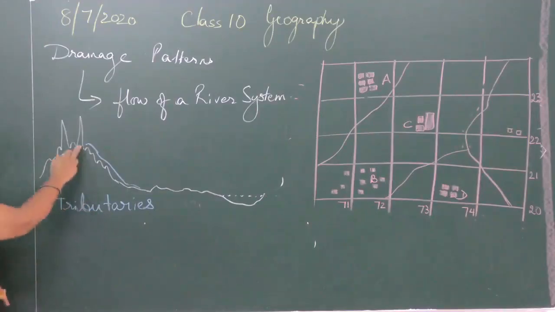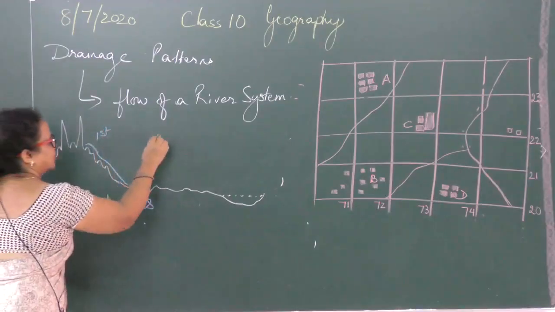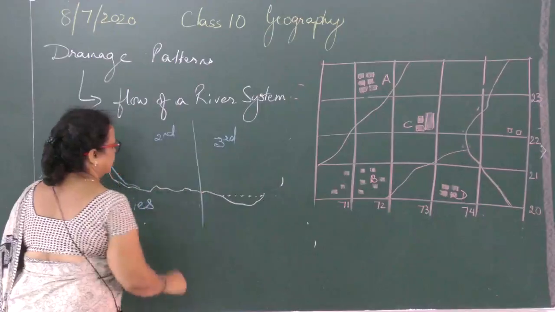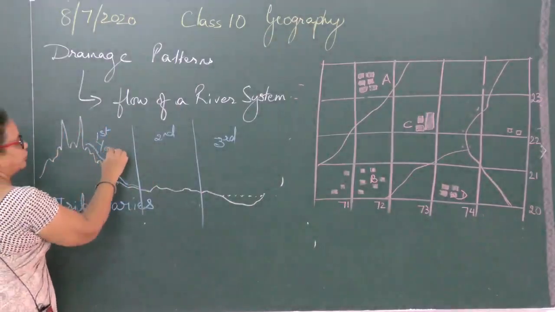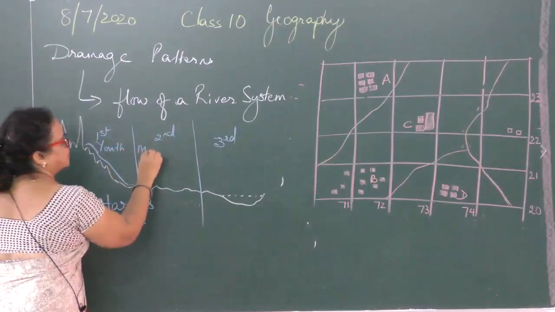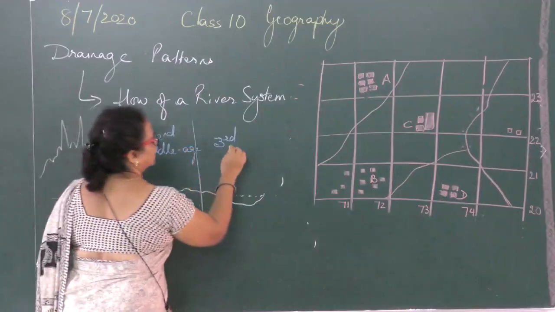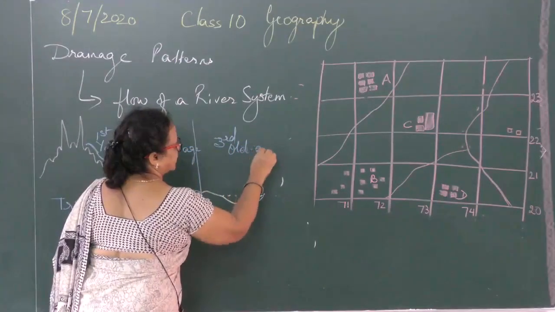And when do they join? Usually in the first stage. The river has first, second and third stages. Clear? Like this. Like this. Clear? This is the youthful stage. This is middle age stage. And this is the last stage which we call old age. Old age stage.